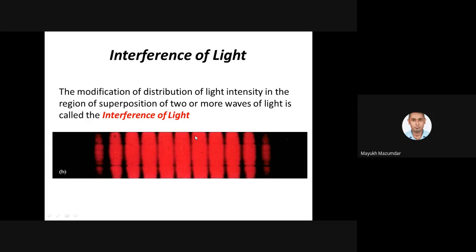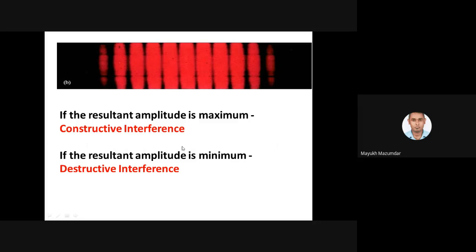But due to the overlap or superposition of two or more light waves, if we put a screen in the region of superposition, we would see patterns like this: bright, dark, bright, dark. Here the bright region is red; it depends on the color that you are using. And from here the discussion for the day will begin.